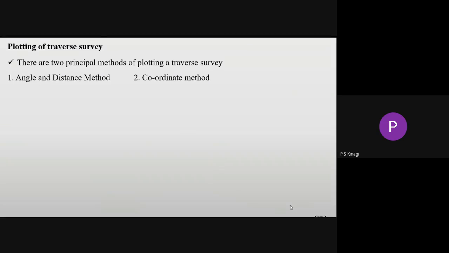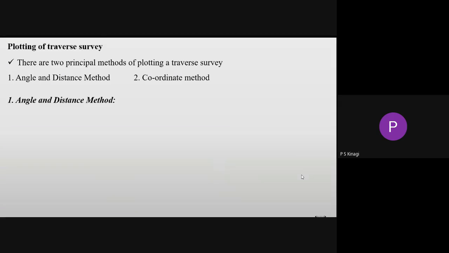Angle and distance method means we measure bearings and angles in the field, as well as linear measurement, the distance between lines or points. Of these two methods, the coordinate method is the most accurate and clear method for drawing a traverse survey work.